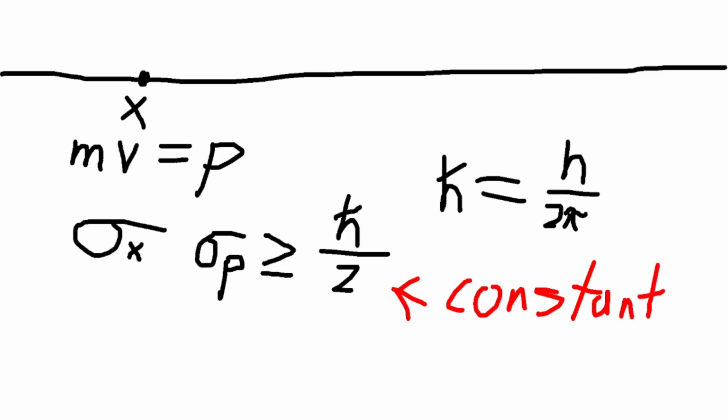This value is just hard-coded into the source code of the universe. Also of note, this is extremely small, so it doesn't come up in day-to-day activities, but it is non-zero.